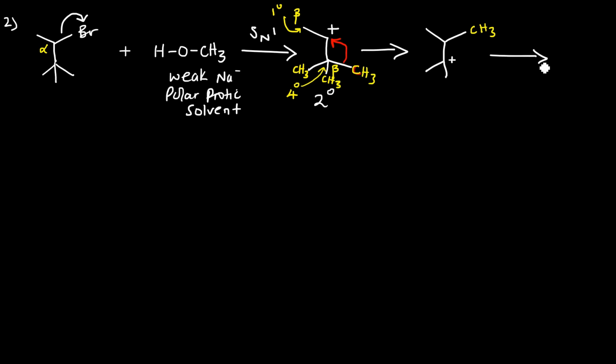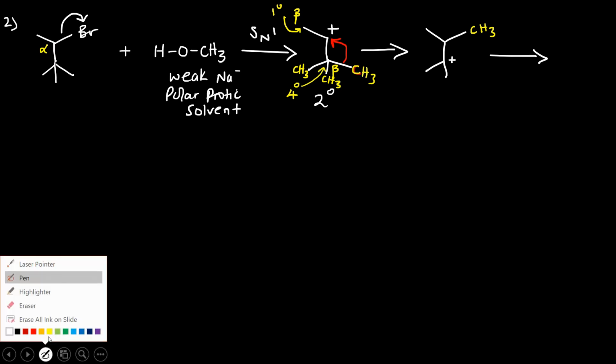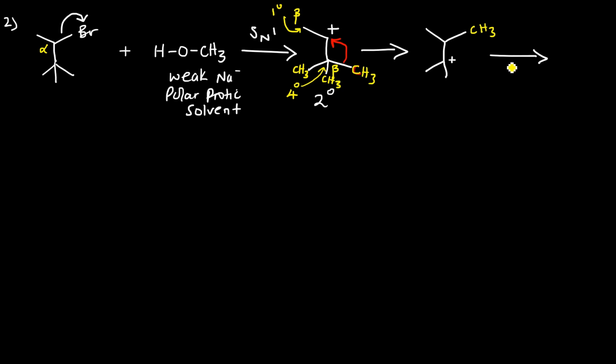And then now you're going to have your solvent coming in, or the nucleophile, sorry, coming in. So let's bring our nucleophile. Okay, you use the lone pair on the oxygen because that's the nucleophilic site. We defined what that is. You can either attack from the top or bottom.